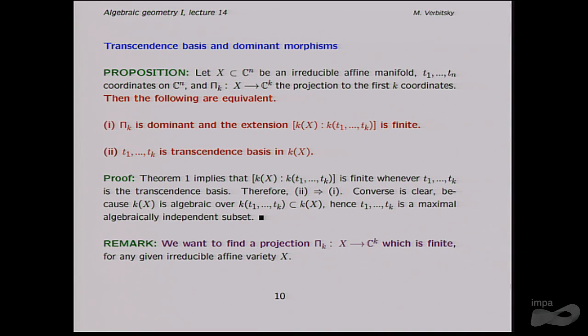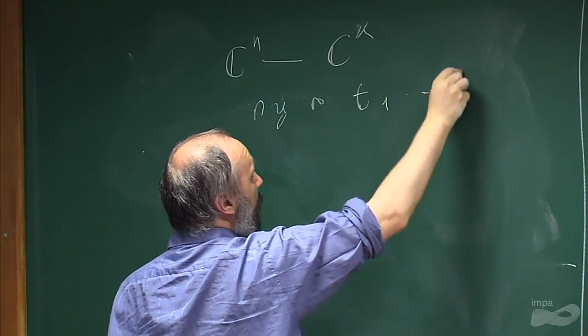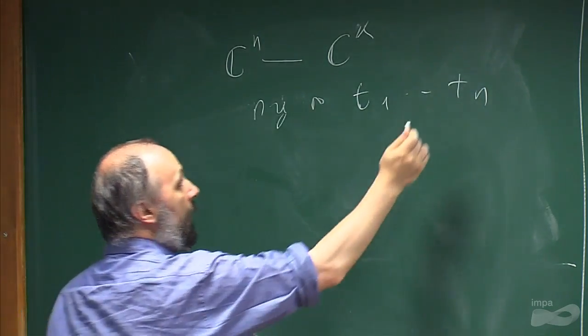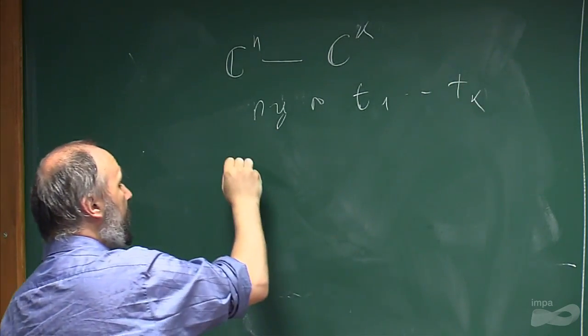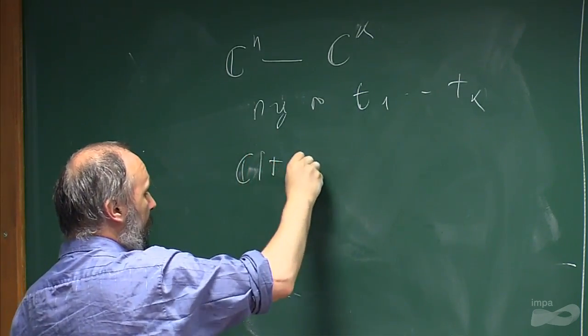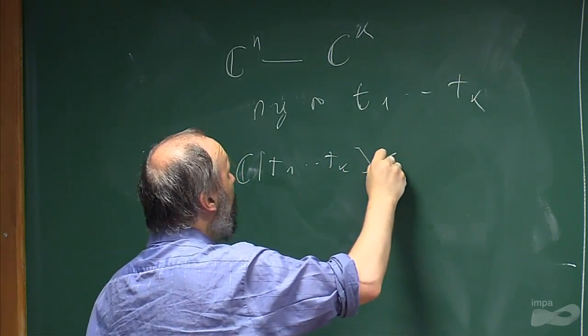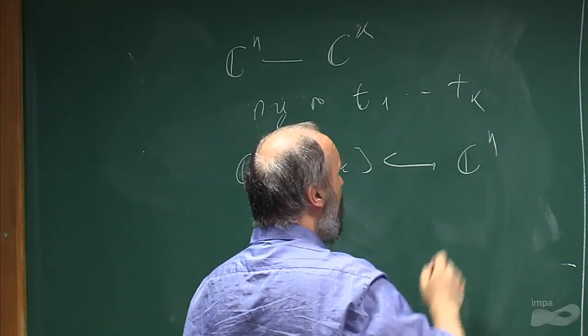So if you have a map Cn to Ck, a projection to T1 dot Tk, the corresponding embedding is C of T1 dot Tk embedded into C of Tn.